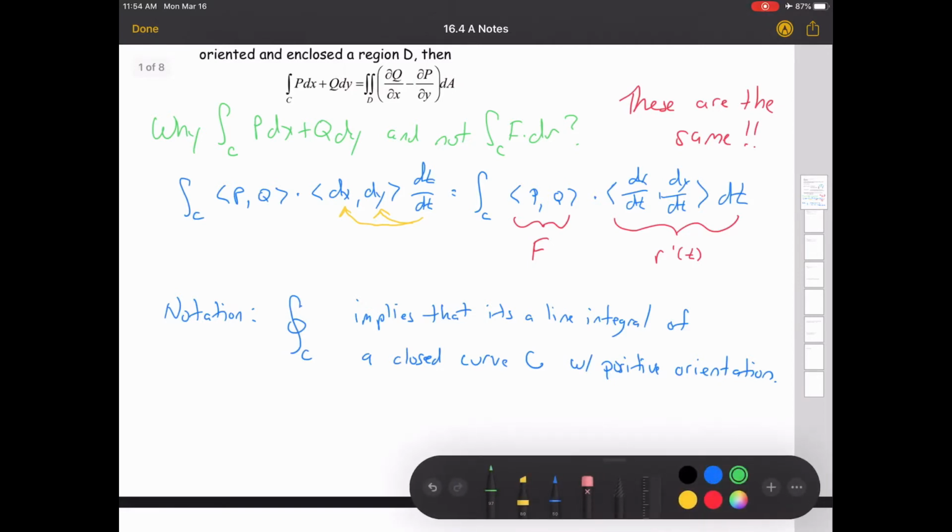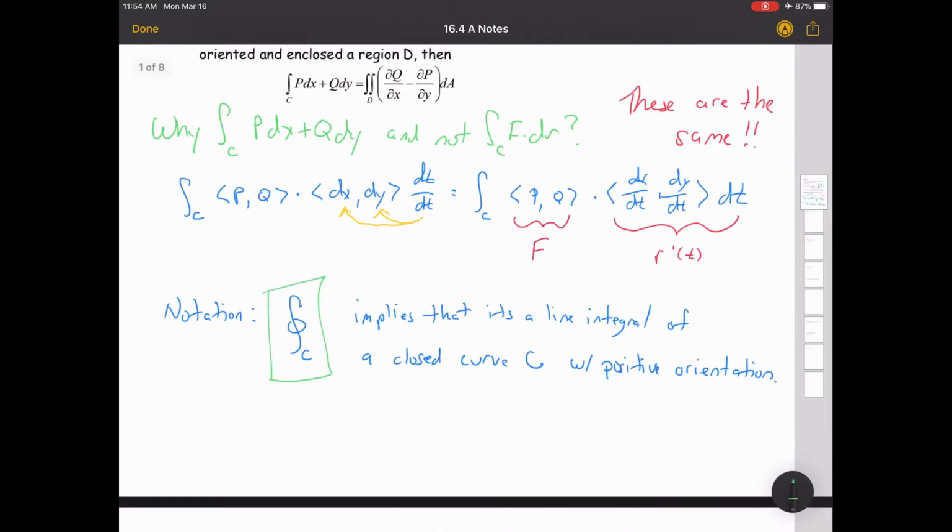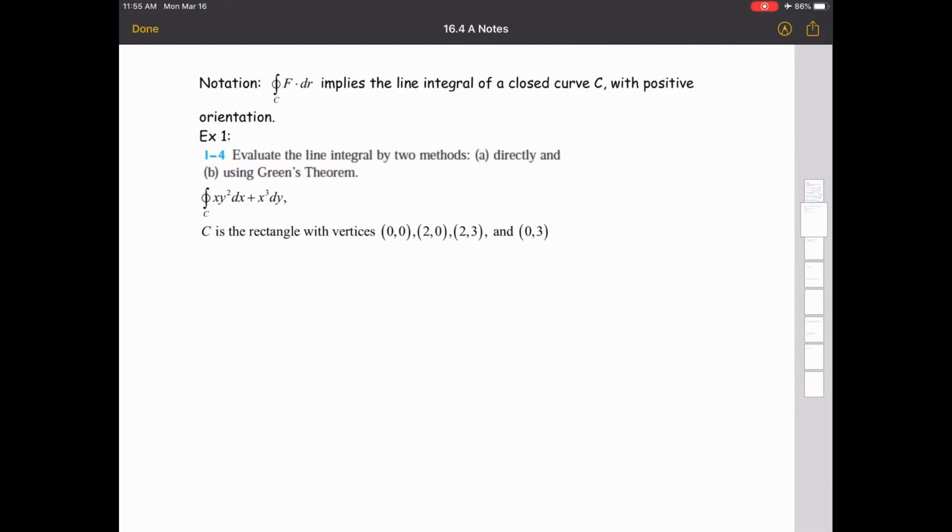So if you see this, that implies that it is a closed curve with a positive orientation. And if you see that, you're able to apply Green's theorem, which is a very, very nice thing to be able to apply. All right, and we restated on the top of the next page here, the notation implies the line integral of a closed curve C with a positive orientation.